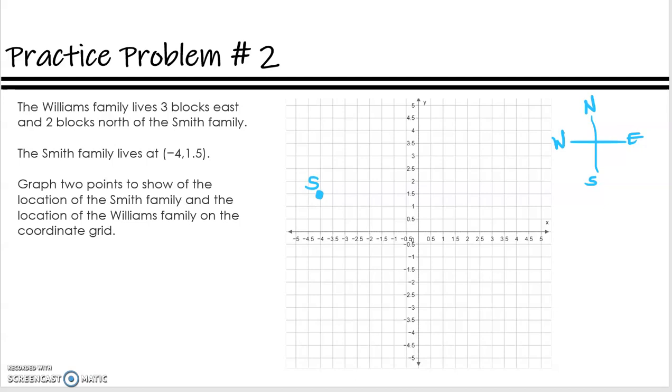So 1 block would be at -3, another block would be -2, another block would be -1. So that is 3 blocks, right? 1, 2, 3. Okay, so we go 3 blocks east, but then we have to go 2 blocks north. So 1.5, one more would be 2.5, and another one would be 3.5. So the Williams family lives at -1 and 3.5.